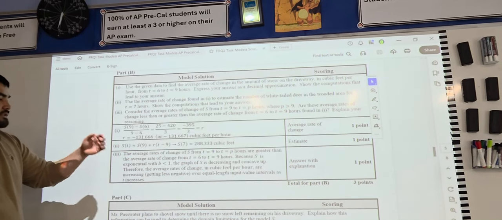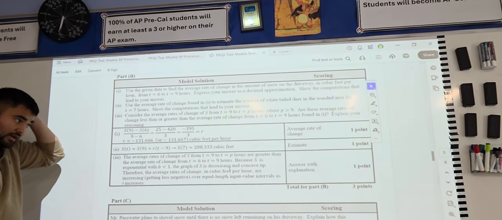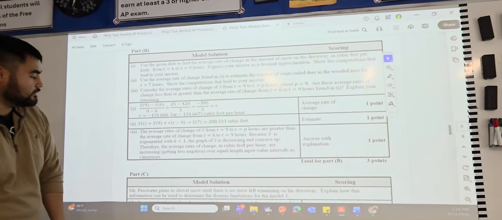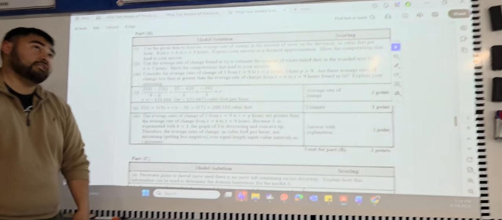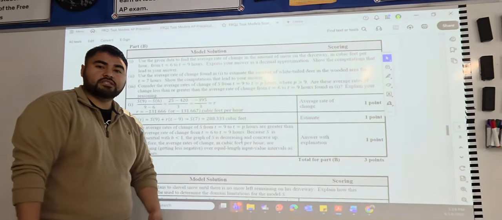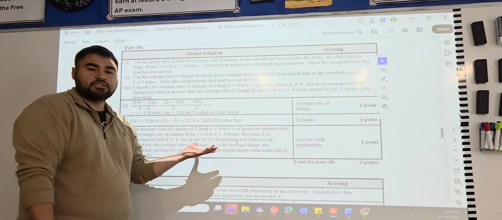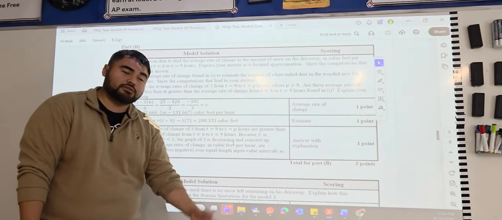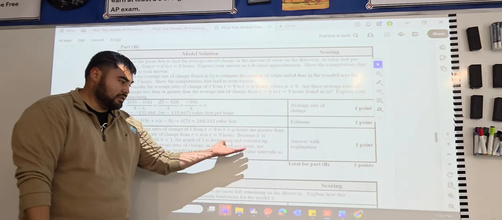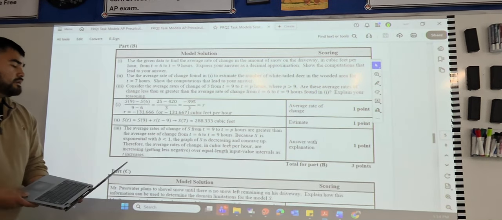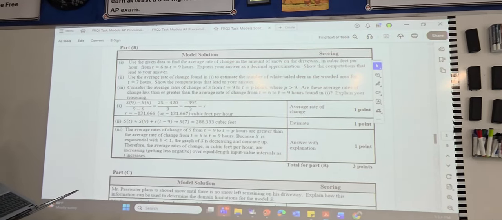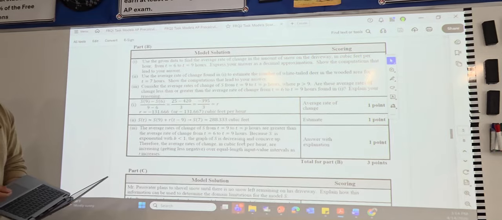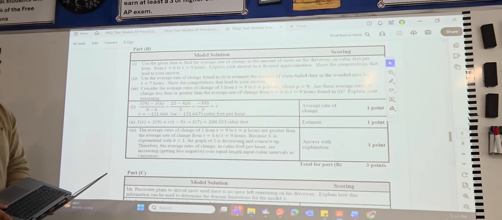Therefore the average rates of change in cubic feet per hour are increasing, getting less negative over equivalent input value intervals as t increases. Again, mention the concavity. It may sound like gibberish, but you might get partial credit. Who knows, it depends on the grader. I'll leave that there so you guys can analyze it for a bit, but it's basically comparing the secant line and the exponential.